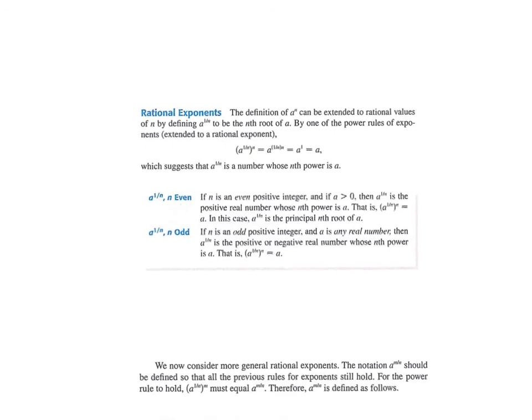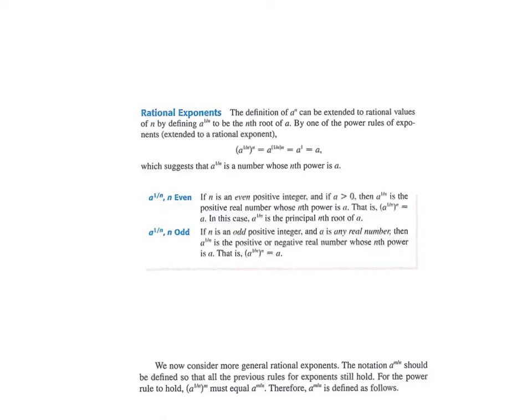So here again is a screenshot from the textbook, and it's showing you what the rational exponent is as a fraction. We're always going to assume that these are positive. Remember, if you try to take a negative square root or a fourth root, we can't do that yet.